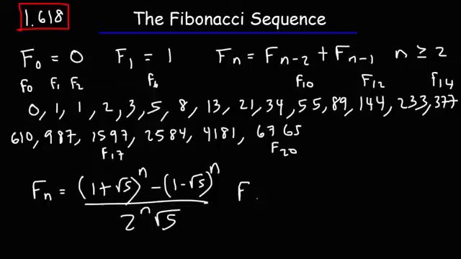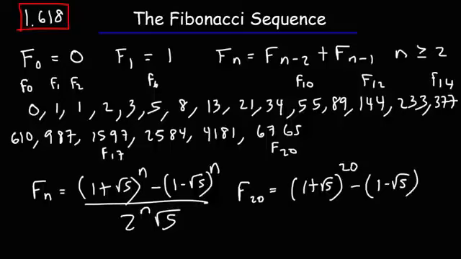So if we want to calculate f sub 20, it's going to be 1 plus the square root of 5 raised to the 20th power minus 1 minus the square root of 5 raised to the 20th power, divided by 2 raised to the 20th power times the square root of 5.